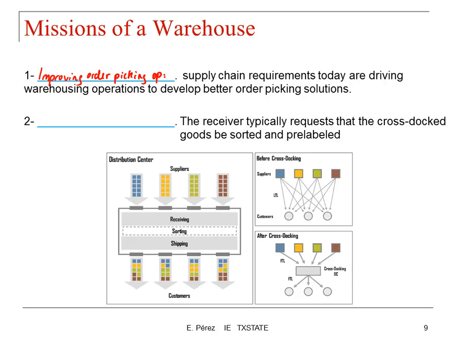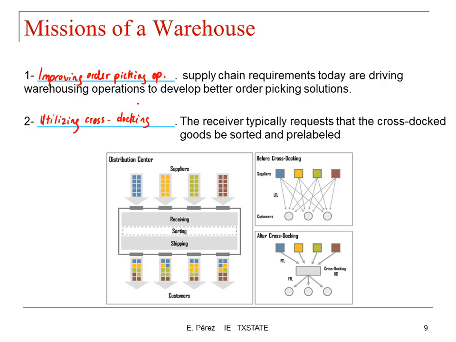Number two is utilizing cross-docking. The receiver typically requests that the cross-dock goods be sorted and pre-labeled. So for those of you who have not heard about this concept of cross-docking, you have a facility in charge of receiving all the items from different suppliers, and they don't keep the items in their facility.